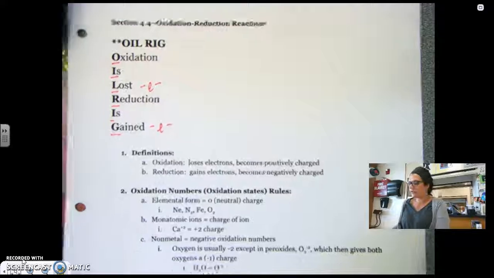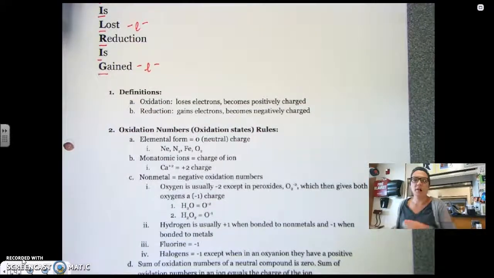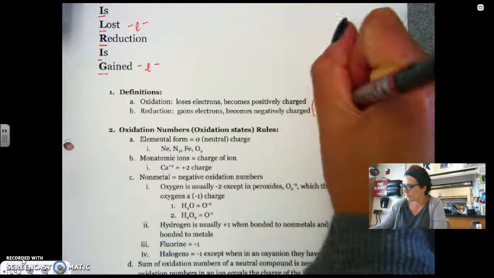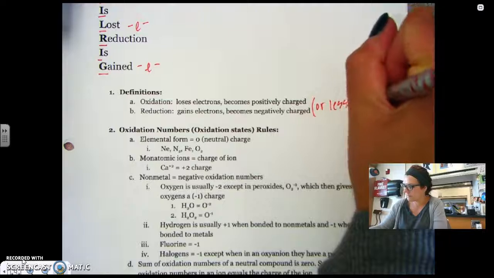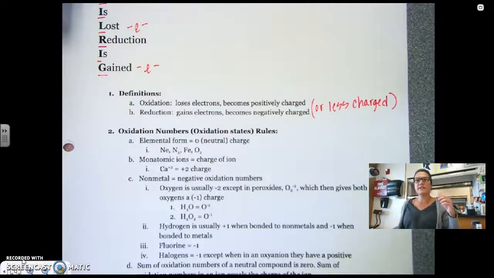So our definitions for this section are oxidation and reduction. Oxidation is when electrons are lost and things become positively charged, or become less negatively charged than they were. Reduction means I gain electrons or become negatively charged.